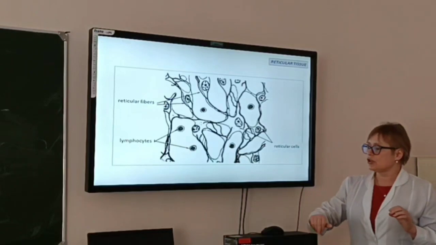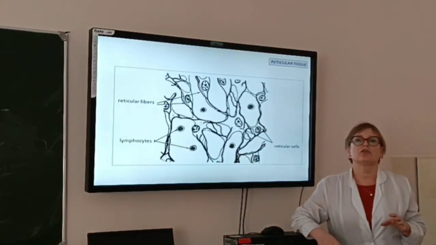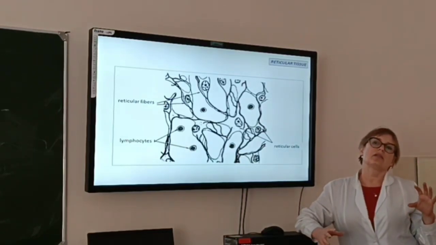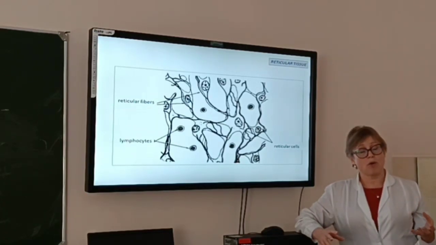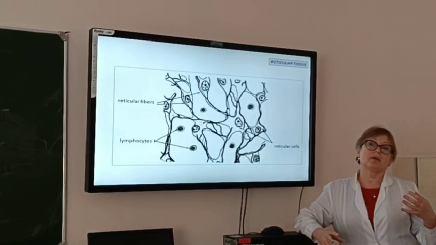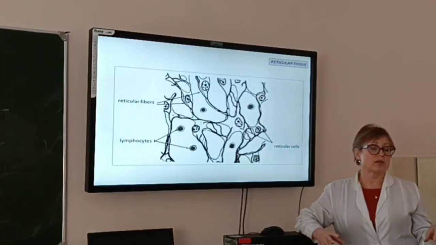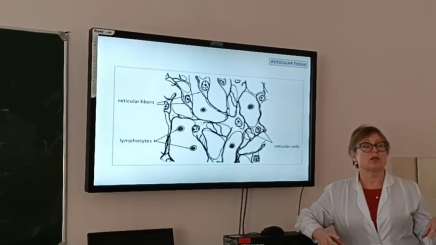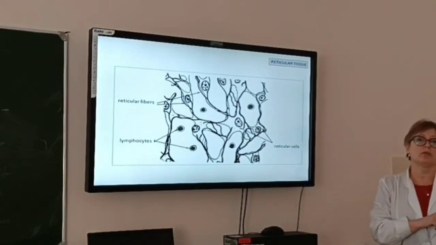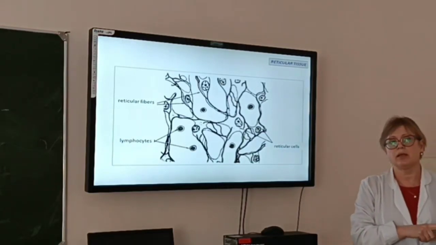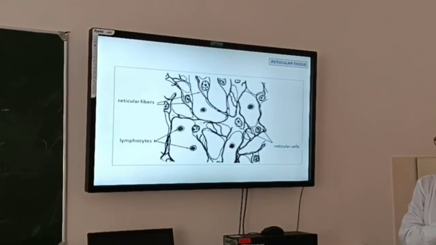So reticular tissue may function to create a specific environment in some organs, in organs whose main function is immune defense or hematopoiesis, for example. That's why reticular tissue can be found in bone marrow, in the spleen, in lymph nodes.